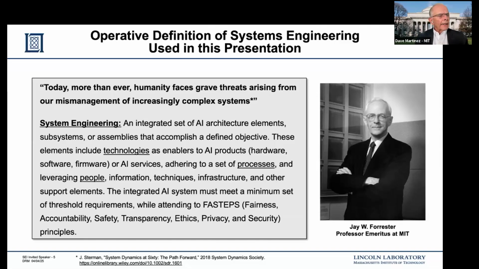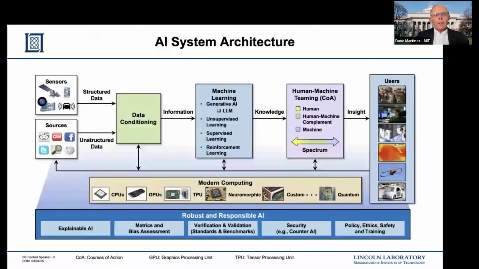The other element that I added to the definition is what my co-author and I in our book call FAST steps, which is basically responsible AI. More and more, there's a great need to attend to things like fairness, accountability, safety, transparency, ethics, privacy, and security. Those are important principles, and I'm going to show you a framework that we conceptualized to cement these concepts.